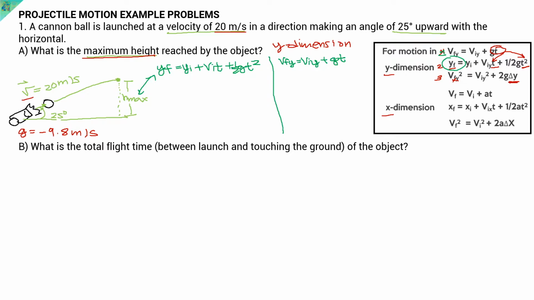If an object here moves at a certain height, there will be a point that it will stop. Kindly remember that. Why?